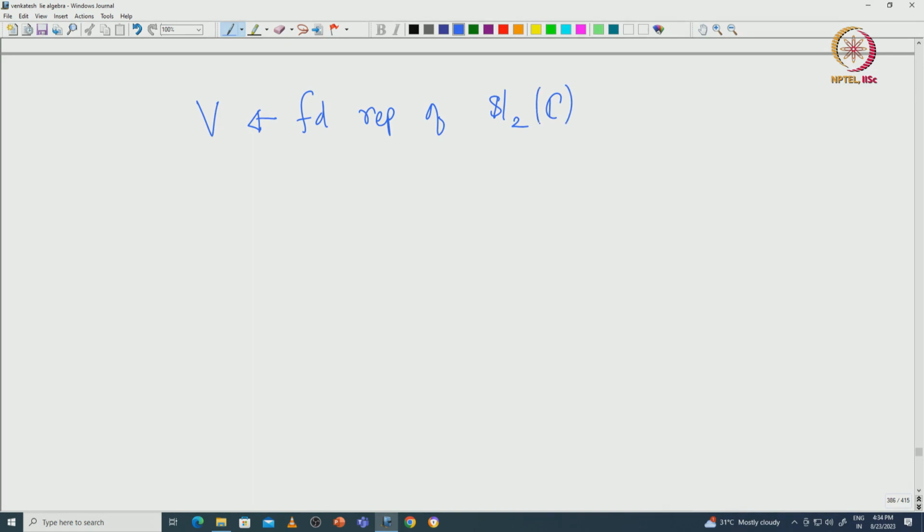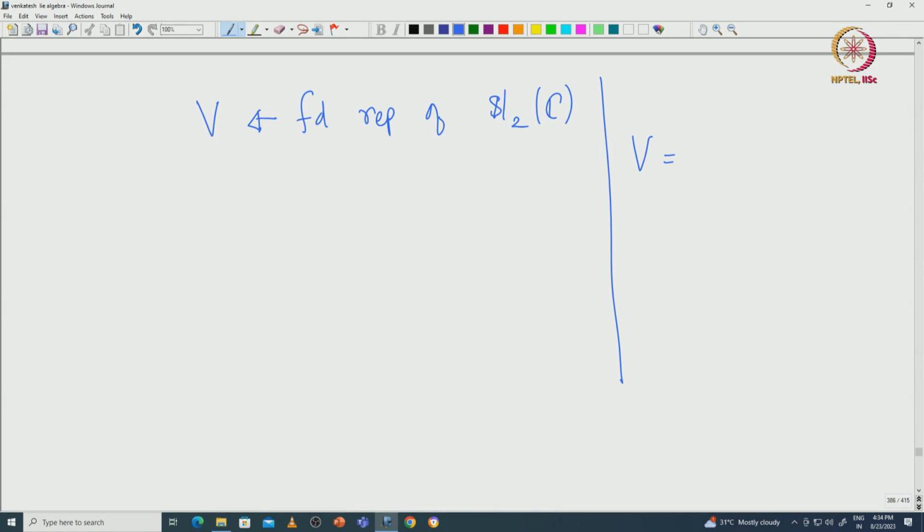Suppose you can already write V as a direct sum of irreducible representations. Then you can group all the isomorphic representations, so each irreducible representation appears in the decomposition of V with some multiplicity.